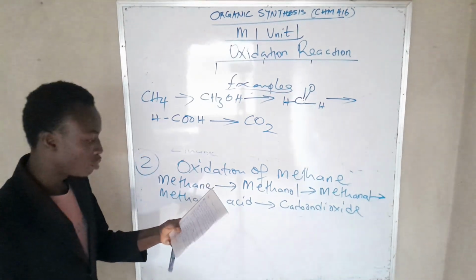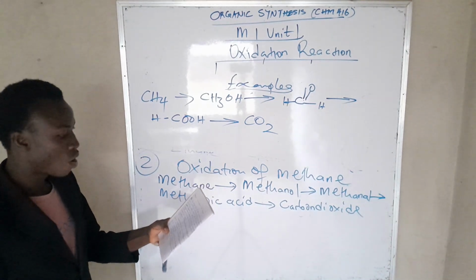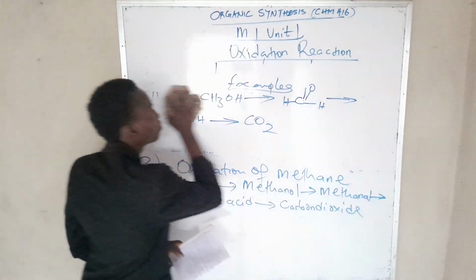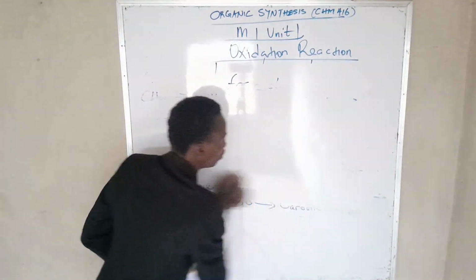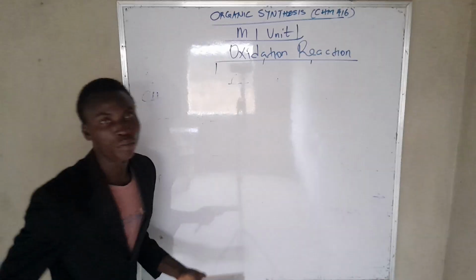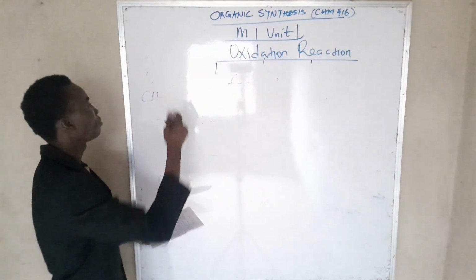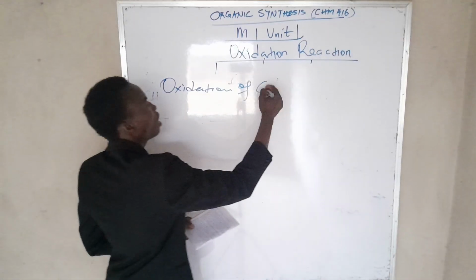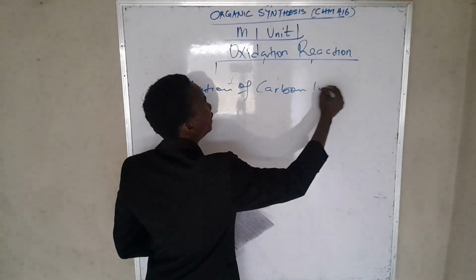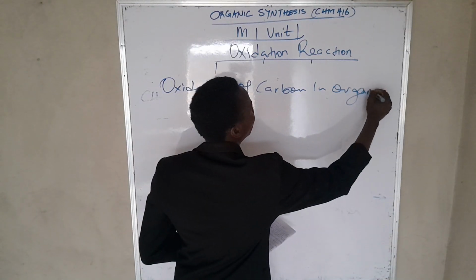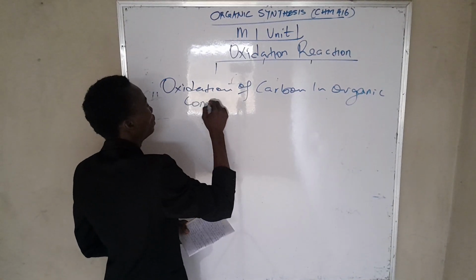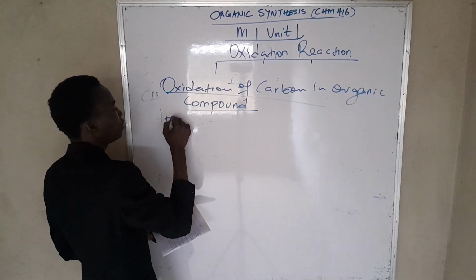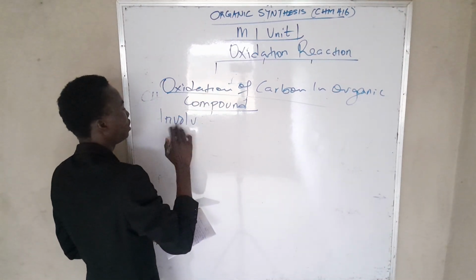Now, another one that we also have in this place is oxidation of carbon in organic compounds. When we're talking about oxidation of carbon in an organic compound, this is what we mean. Oxidation of carbon in an organic compound involves the following.